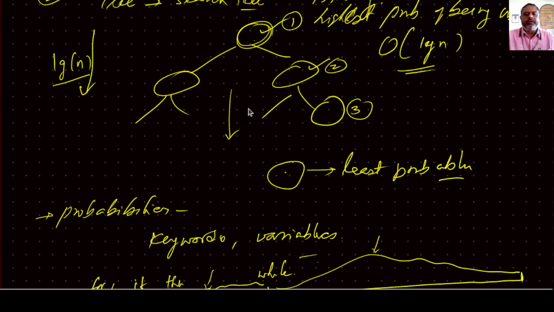So we need to do it in a systematic way. One systematic way is to do it in smaller chunks. Start with a smaller problem, then with time increase the size of the problem, and finally reach the total goal. So a sequence of problems is used to solve it, and that's the basis of dynamic programming.